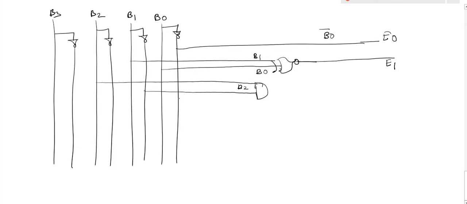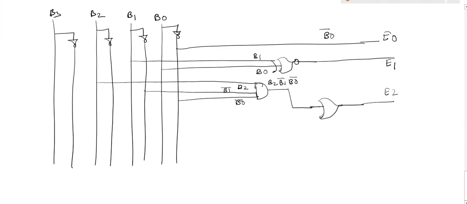And the output I am getting is B2, B1 bar and B0 bar. This is the first input to my XOR gate, which is giving me the output as E2.